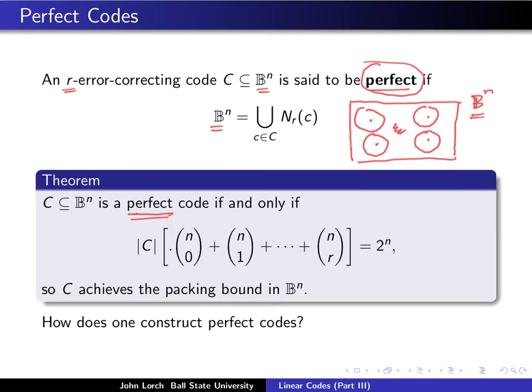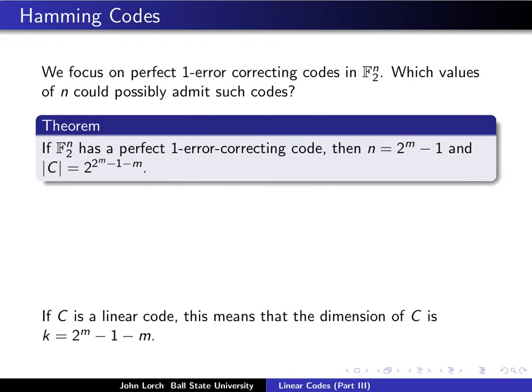So one might wonder, well, how do we construct such things? I mean, these are obviously the most efficient r error correcting codes. So how do we construct them? Okay, we're going to be focusing our attention here on perfect 1 error correcting codes in F2^n. And the first thing we should probably do is figure out which values of n could possibly admit 1 error correcting codes.